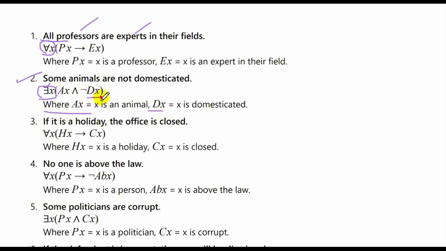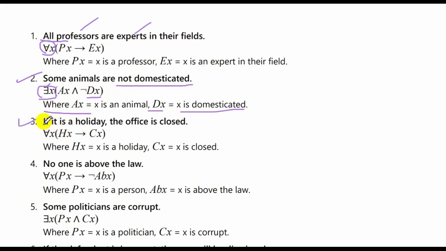So Dx is "domesticated", but in the sentence it was "not domesticated". We state it in the positive sense and then put the negation symbol. Then the actual sentence makes sense: some animals are not domesticated.